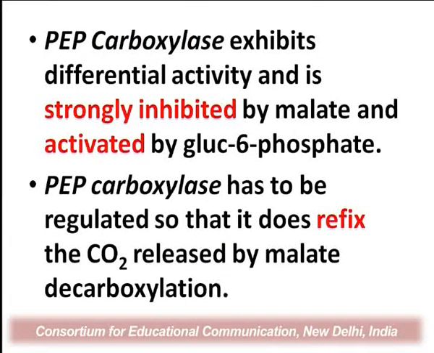This enzyme, PEP carboxylase, exhibits differential activity, because it is strongly inhibited by malate, and glucose 6-phosphate is the activator. In any case, PEP carboxylase has to be regulated. Why? Because we have to ensure that it refixes carbon dioxide which has been released by malate decarboxylation during daytime.